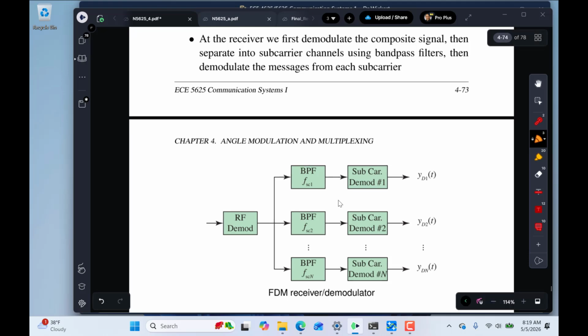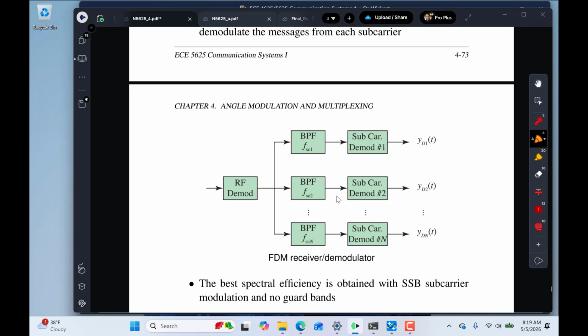The way this has to work most intelligently is that you will demodulate the composite baseband signal off the carrier, and then you will have bandpass filters to make sure that any noise, any other interference that might overload the front end of the individual subcarrier demods is removed. They're not going to be at the frequency of this subcarrier, but they're still going to be close enough that they might cause some problems, so you just isolate them with bandpass filters. Does that make sense? Just isolate with another bandpass filter, and then you demodulate the subcarriers.